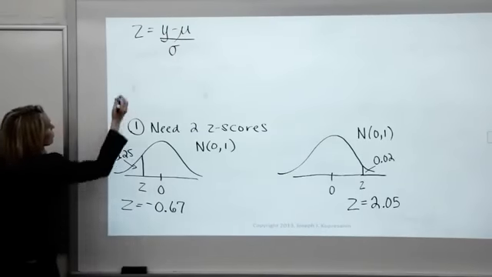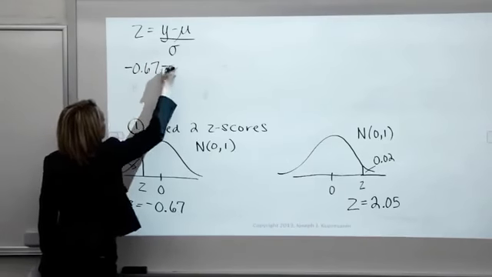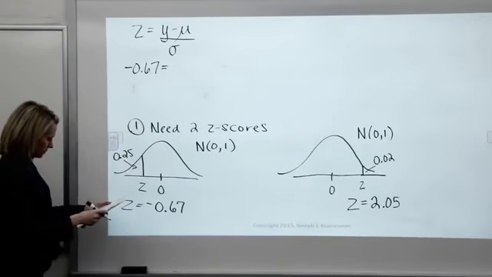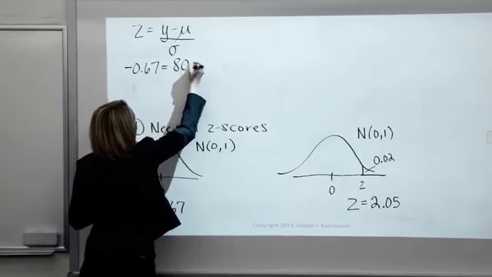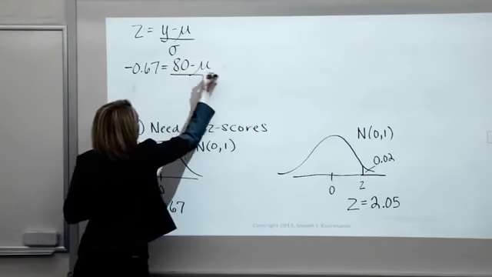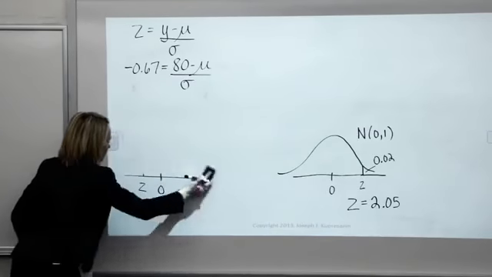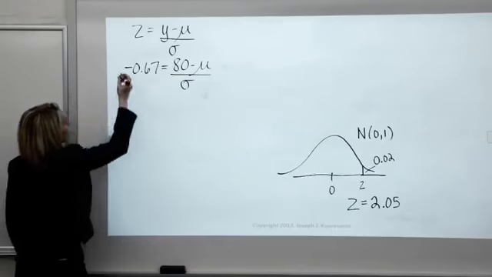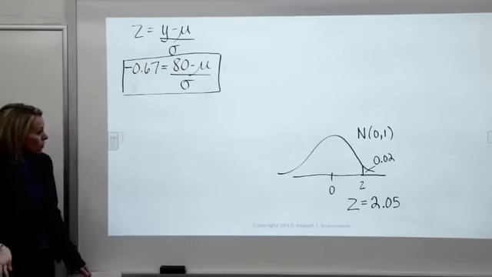So my first z-score was negative 0.67. That corresponds to the small apples that only weighed 80 grams. We do not know the mean. We do not know the standard deviation. Okay, so there's one z-score formula with what I know filled in.